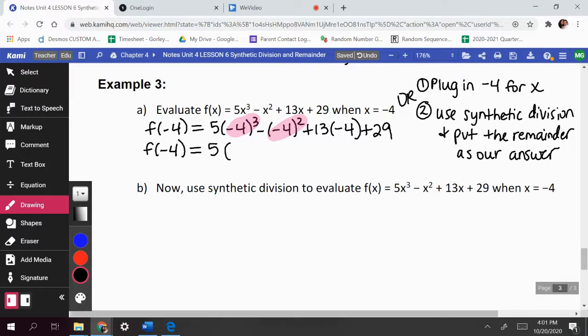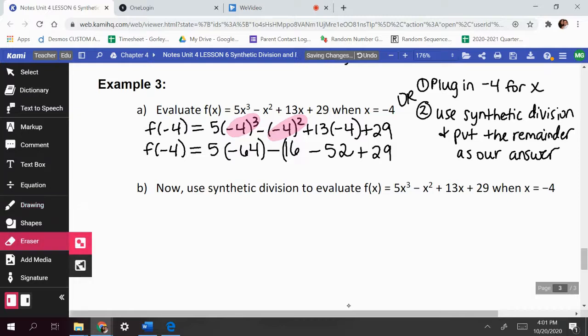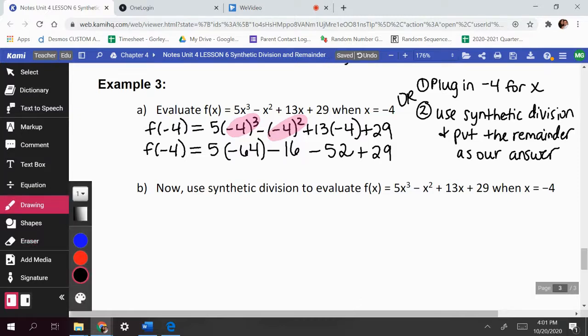And then if I multiply positive 16 by a negative 4, I would get negative 64 minus negative 4 squared is going to be 16. And then we have 13 times negative 4, which is negative 52, plus 29. Okay, so now I'm going to go ahead and just multiply the negative 64 by 5 and plug the rest of this into my calculator. And we get that f of negative 4 is negative 359.